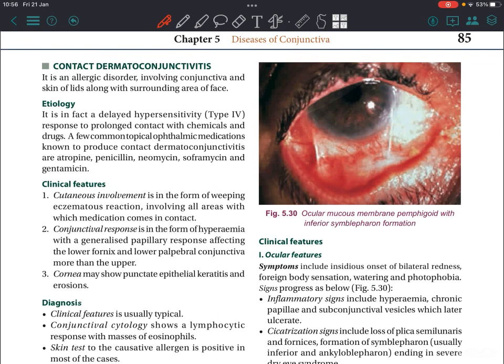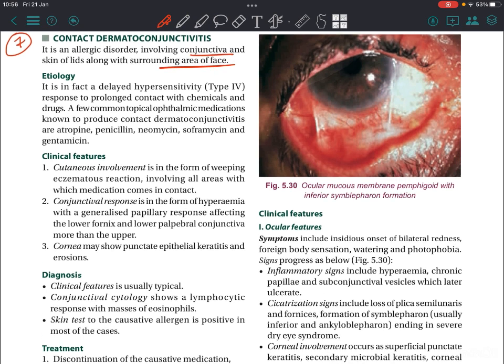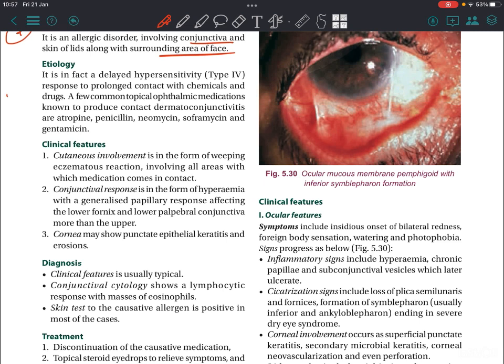Contact dermatoconjunctivitis. It is an allergic condition involving the conjunctiva, skin of lids along with surrounding area of the face. Etiology: it is in fact a delayed hypersensitivity.